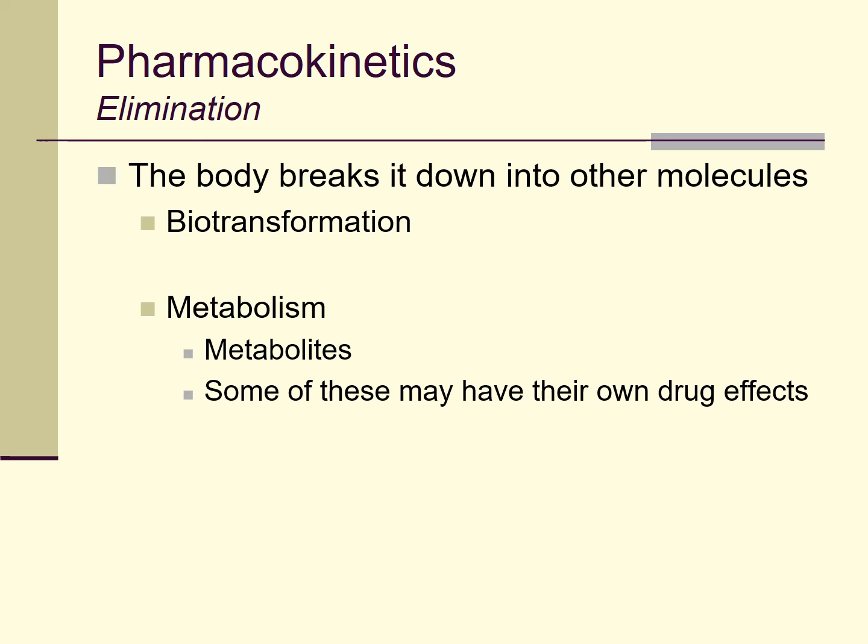Interesting to note, we'll cover this in future lectures, some of the metabolites of the drugs we look at have their own interesting drug effects. But whether we call it biotransformation or metabolism, this is just the process of chemically breaking down drugs, which occurs almost immediately once you take something into your body.